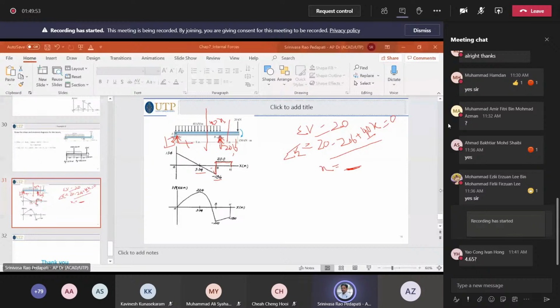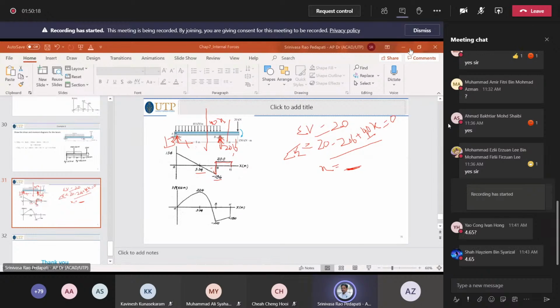The x value is 4.65 according to Mr. Hong. Is it correct or wrong? So it seems nobody is working on it. So let me check the other points.